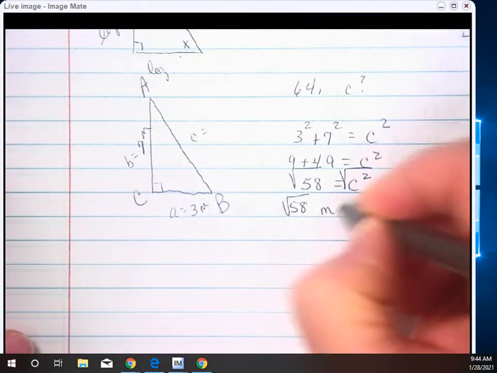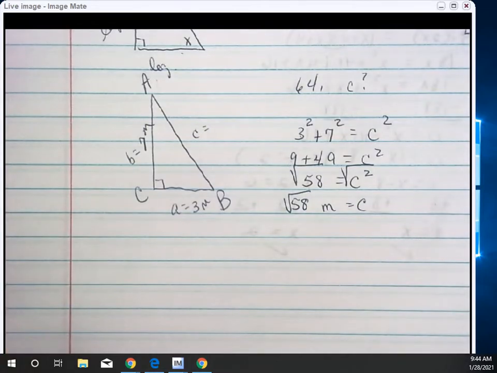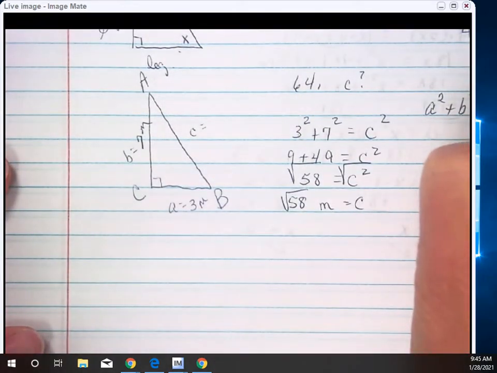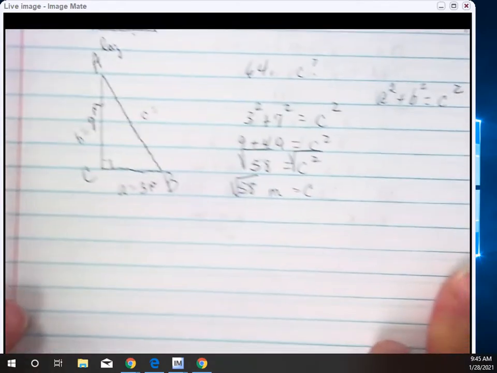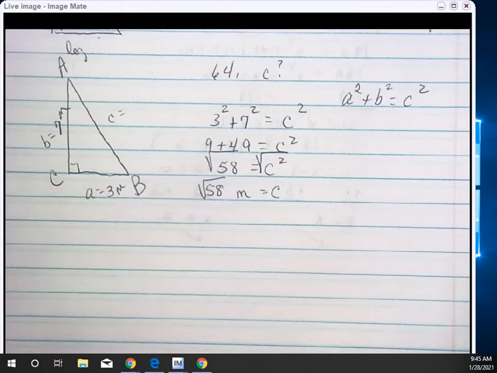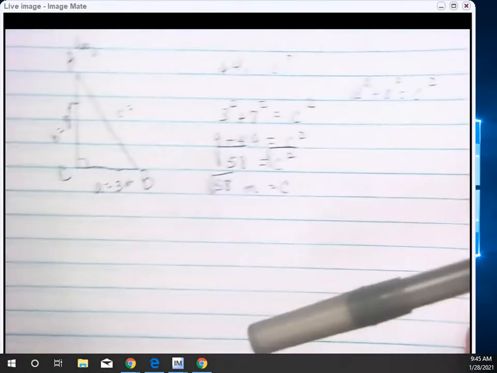So we've got the square root of 58 meters because we want it in simplest radical form, not a decimal approximation. So remember the Pythagorean theorem, a squared plus b squared equals c squared, is just telling you leg squared plus leg squared equals hypotenuse squared. The other thing that we need to look at is some special right triangles.